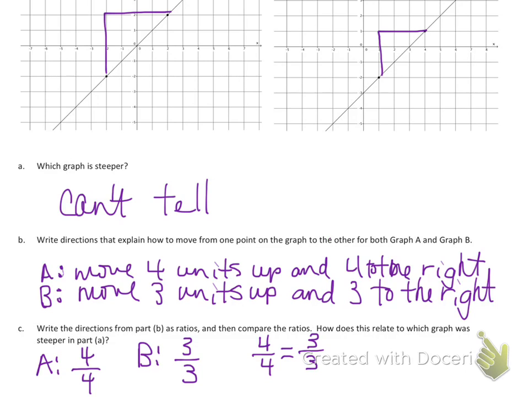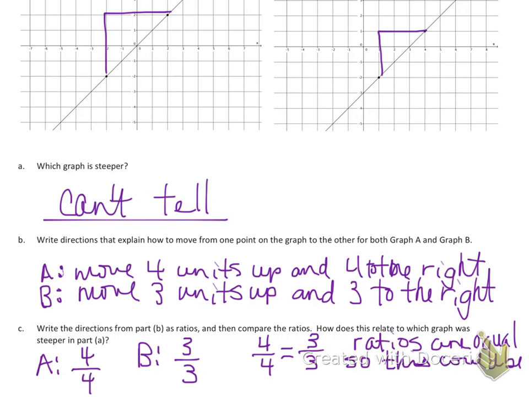So this might explain why we couldn't tell which was steeper. So we could say here the ratios are equal. I ran out of room, but it could be why we couldn't tell about steepness.